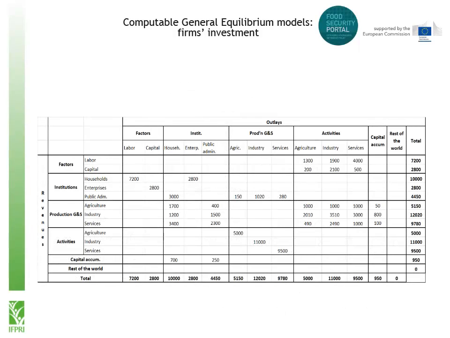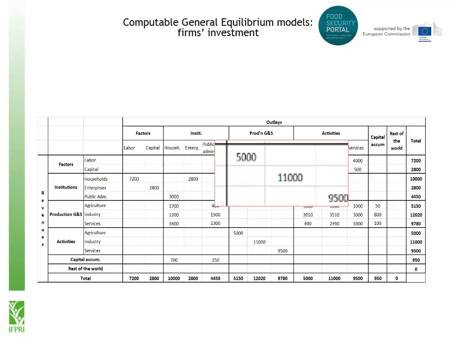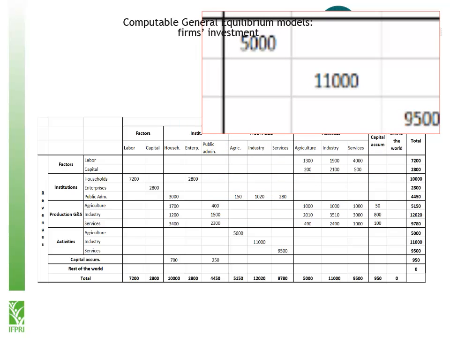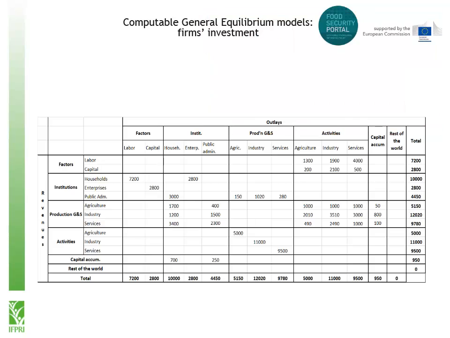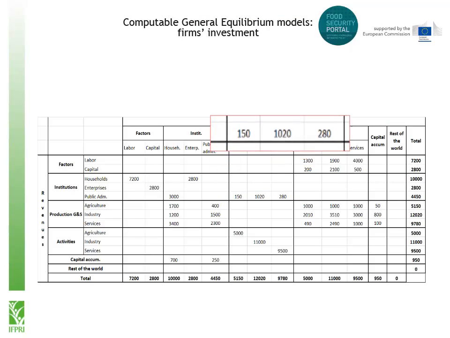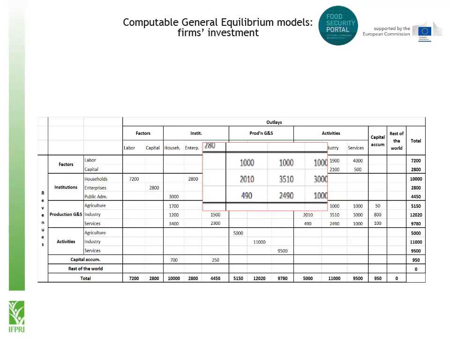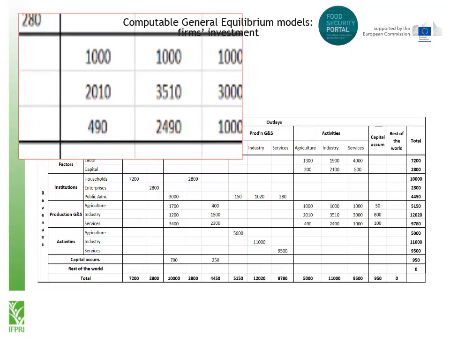So here is the new social accounting matrix related to this new computable general equilibrium model. Here is the level of production in each sector, 5,000, 11,000, 9,500. The level of indirect taxation in each sector. The matrix of intermediate consumption.